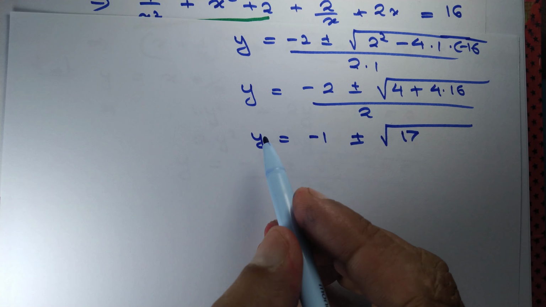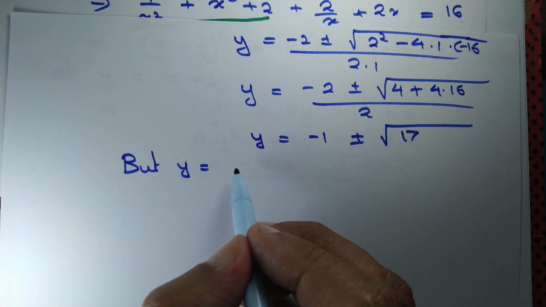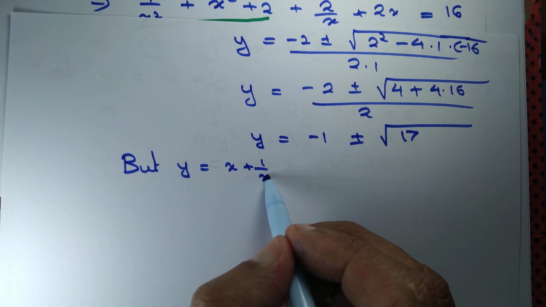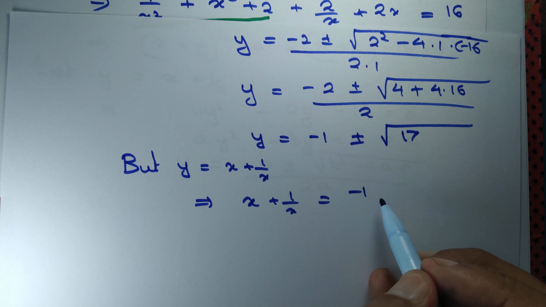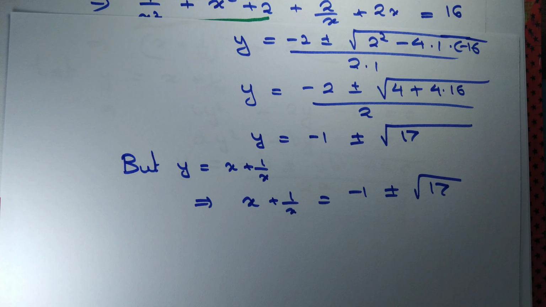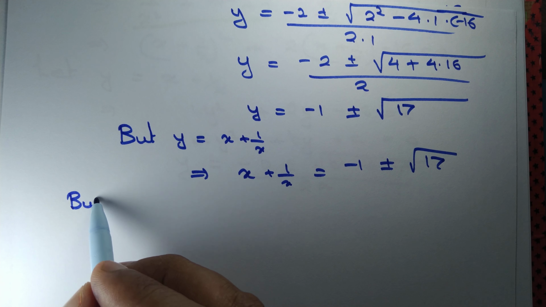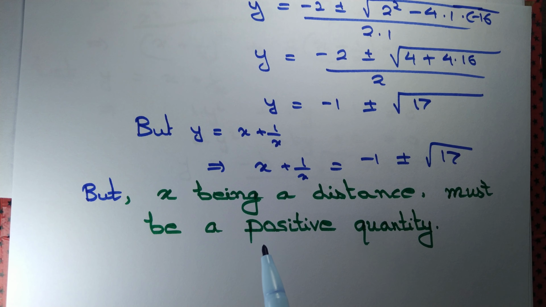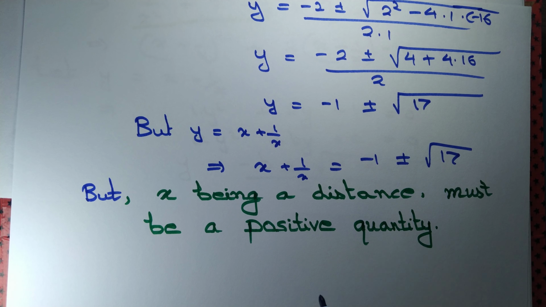You see that y equals minus 1 plus minus root 17, but y equals x plus 1 by x. That implies x plus 1 by x equals minus 1 plus minus root 17. But as we have assumed x to be a distance, the distance must be a positive quantity. Therefore, minus 1 minus root 17 can be neglected.